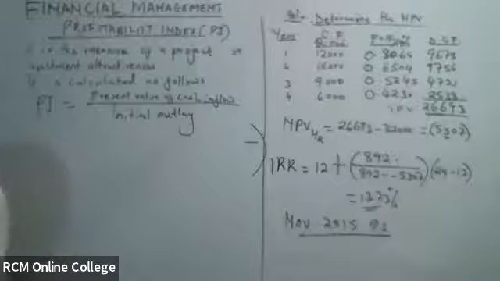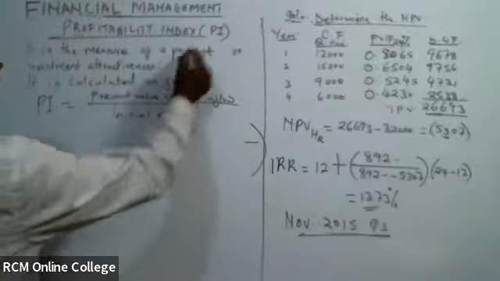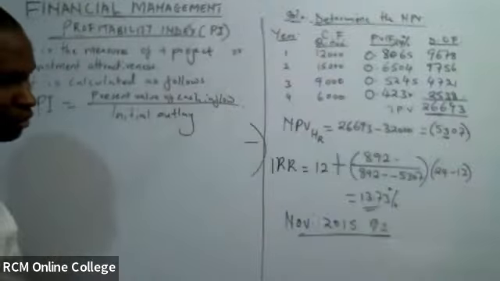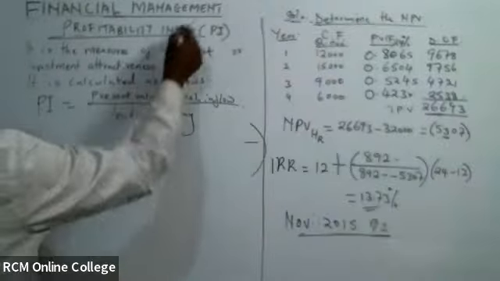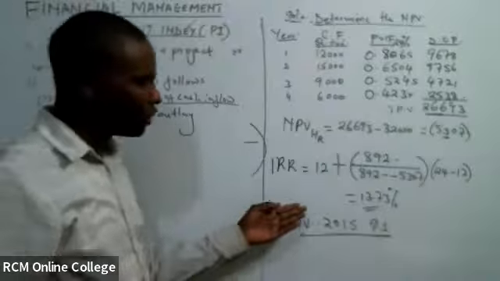Because it's an index, you're not multiplying by 100, not as a percent. It is an index.